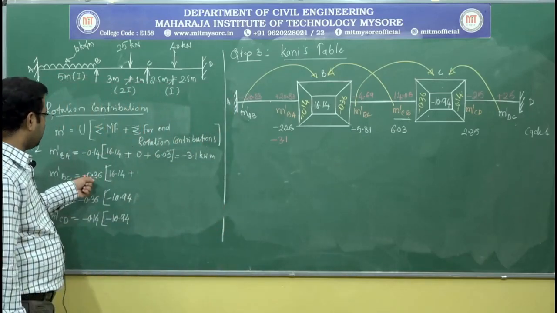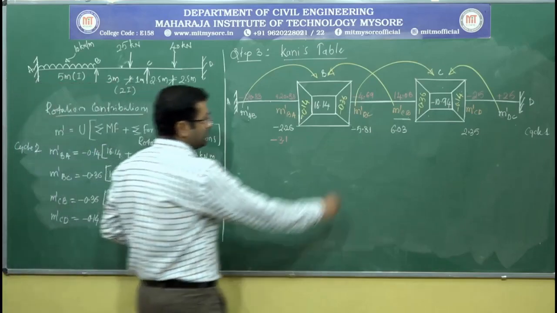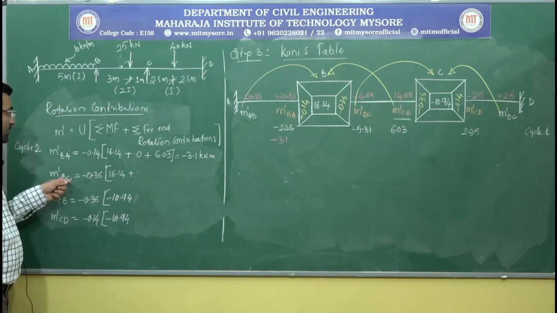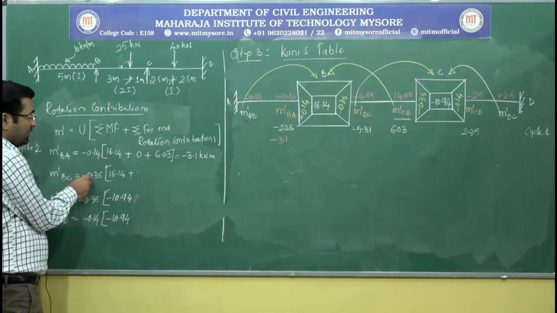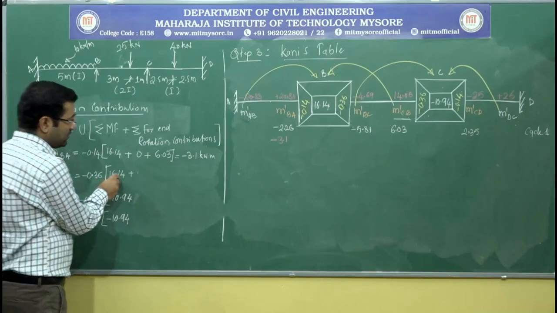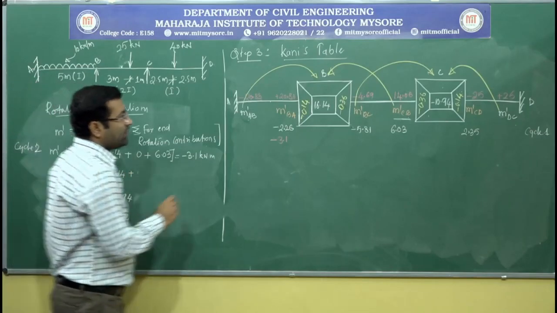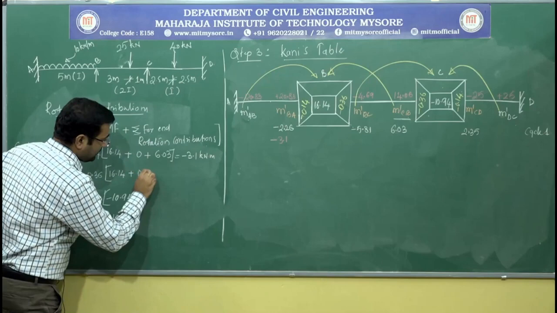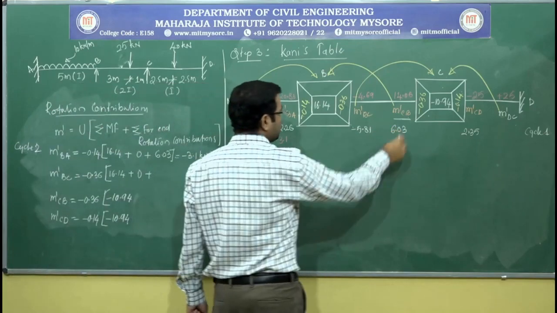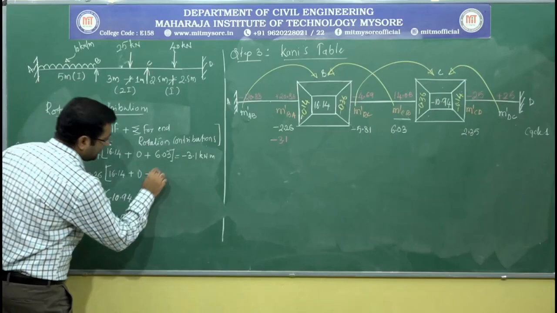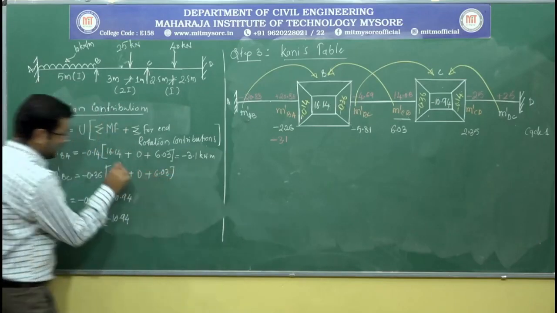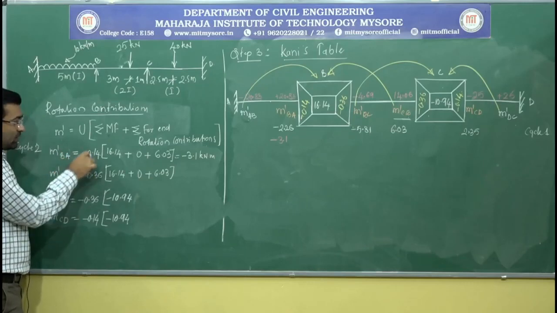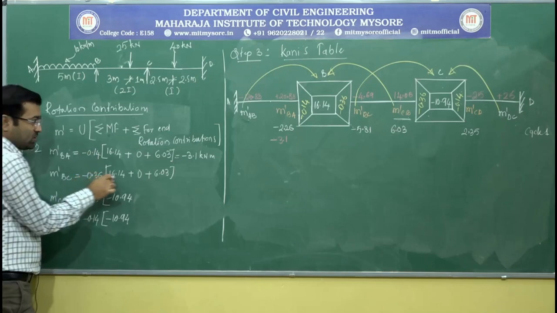Now for the second value, that is M dash BC, again I need to calculate the rotation contribution. As I said, the rotation factor will remain the same, the fixed end moments will also remain the same. The far end condition, this value will remain the same 0, plus this value, that is 6.03. You can see for the members of the same joint, only the rotation factors are changing.